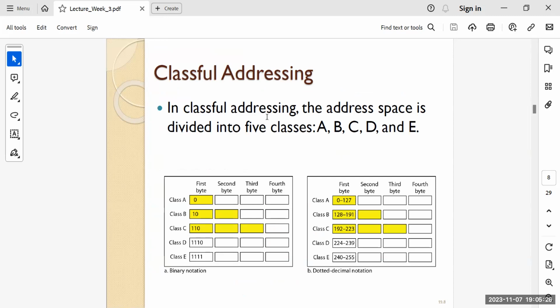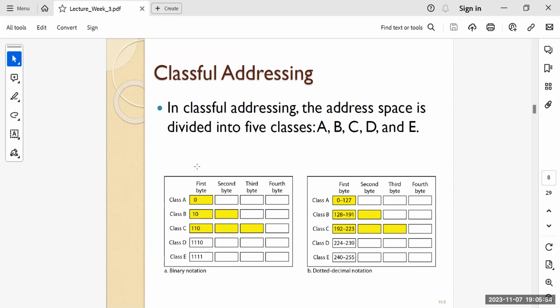I want you to pay close attention. Now we're going to see the classful addressing scheme. This is one scheme of assigning addresses, right? So in classful addressing, the address space is divided into 5 classes, A, B, C, D, and E. You need to have some patience to go through this stuff because a few things we will deal with a bit later.